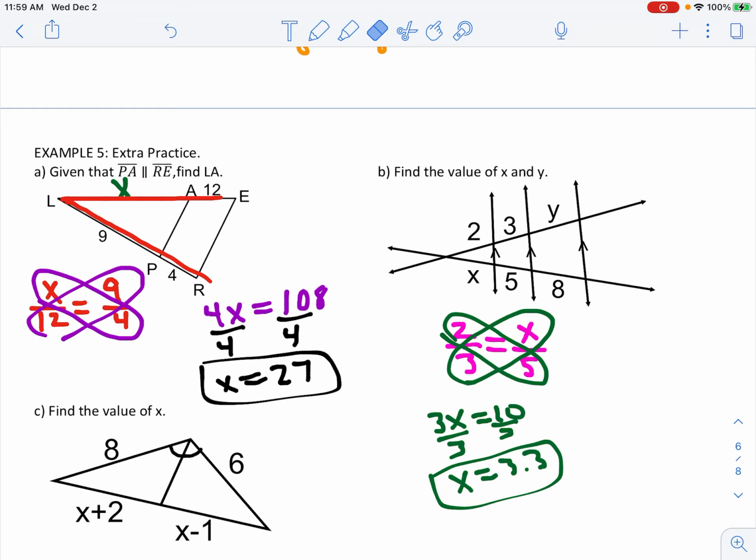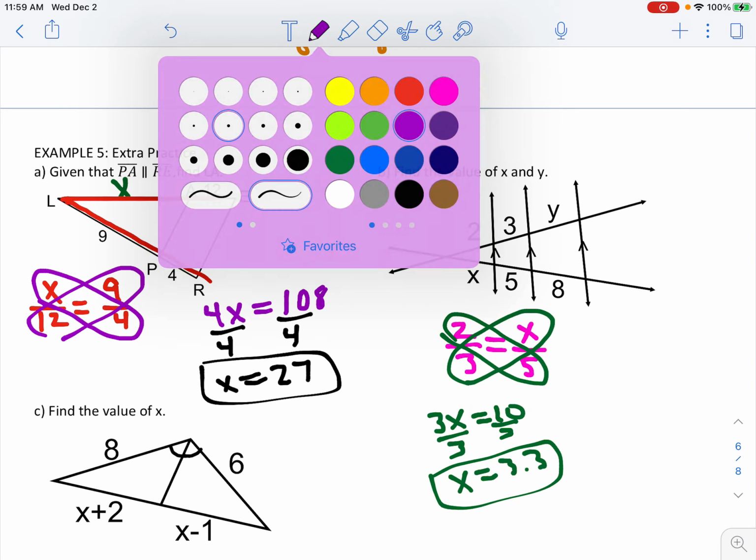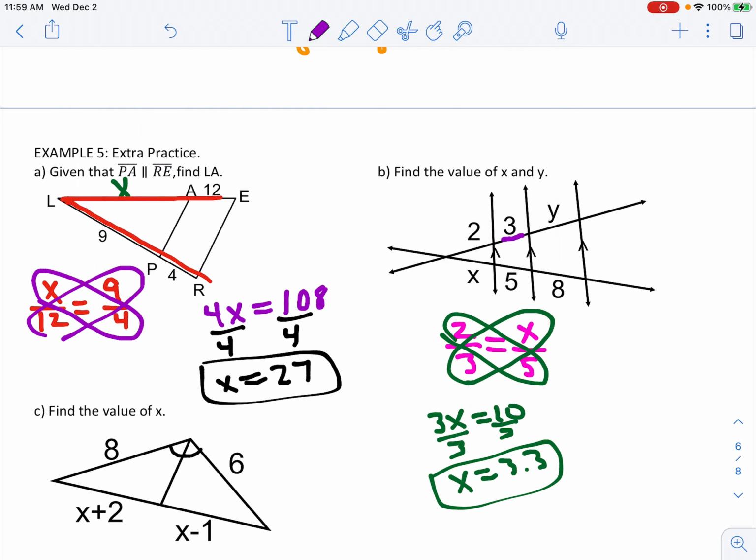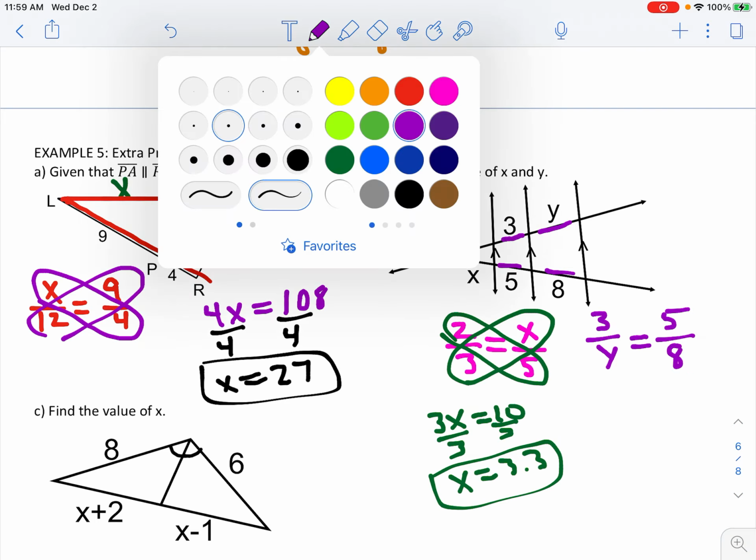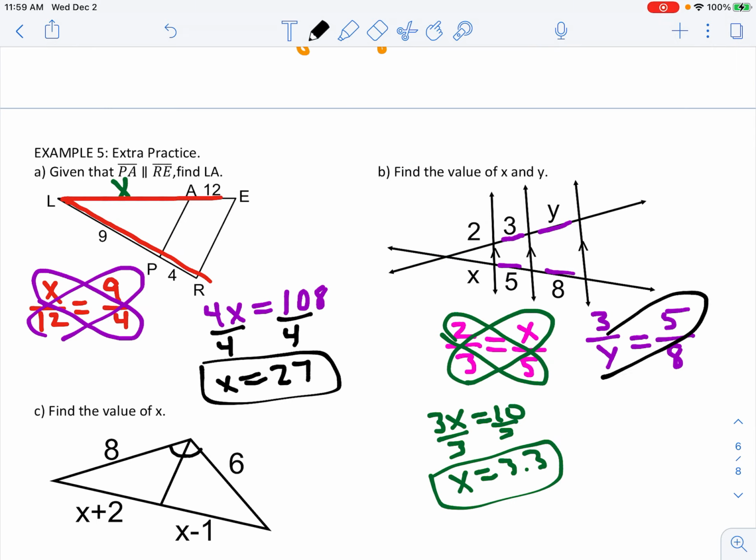Now I'm going to go back to my picture, and I'm going to try to come up with a pattern to find y. I'm going to go 3 and then y. If I do the same pattern on my next one, I'm going to go 5 and then 8. I'm going to cross multiply that. 5 times y is 5y. 3 times 8 is 24.